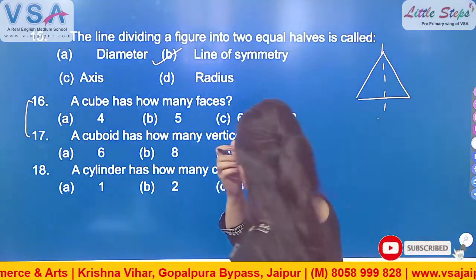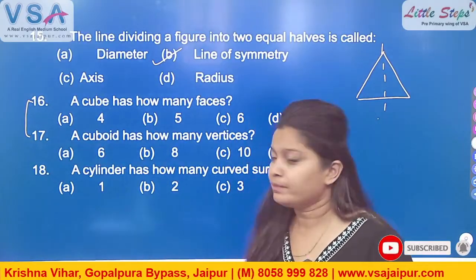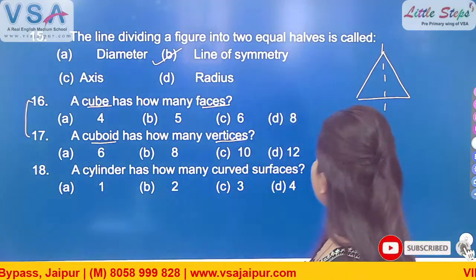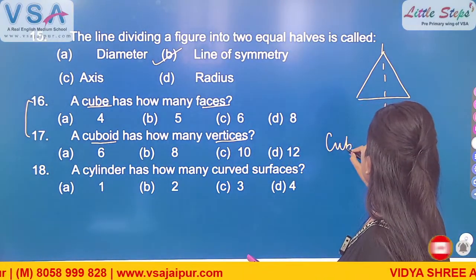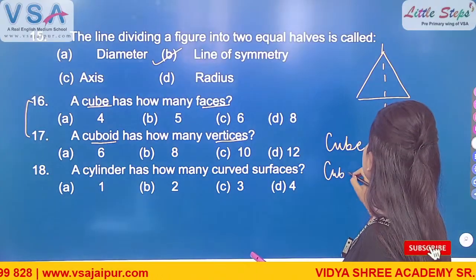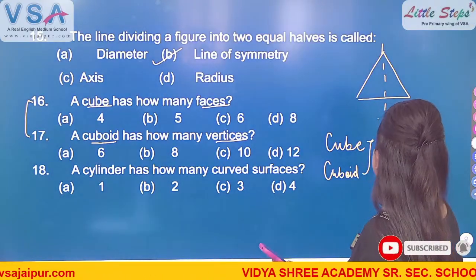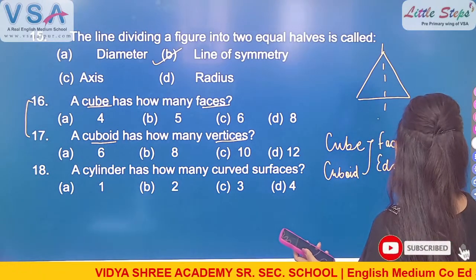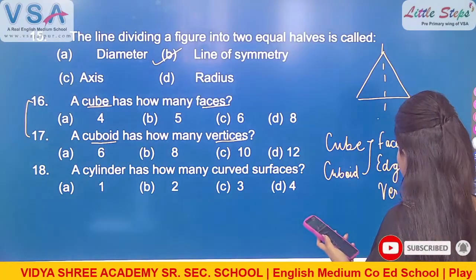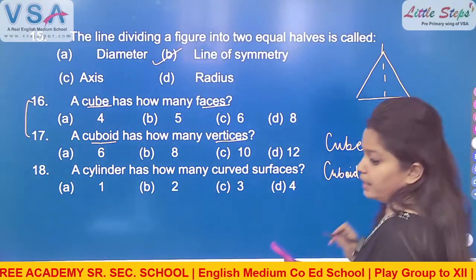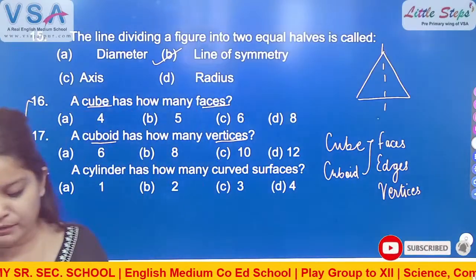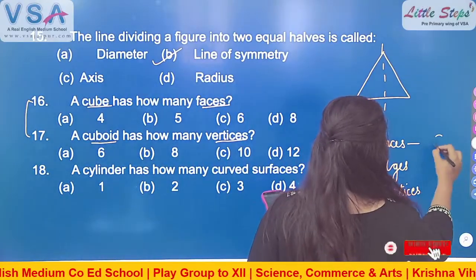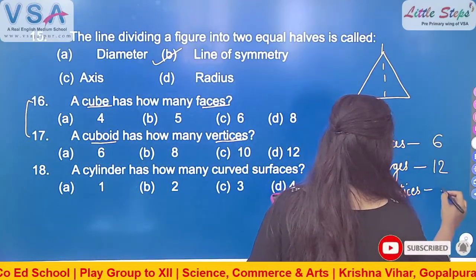So 16 and 17 are most probably same, that we are asking cube and cuboid का faces and vertices. तो मैं यहाँ पे आपको बताती हूँ क्यूब एंड क्यूबॉइड दोनों के दोनों फेसेस, एजेस, वर्टिसेस सेम होते हैं. क्लियर? क्यूब और क्यूबॉइड दोनों के फेसेस, एजेस, वर्टिसेस हमेशा इक्वल रहते हैं. फेसेस रहते हैं 6, एजेस रहती है 12 एंड वर्टिसेस रहती है 8.